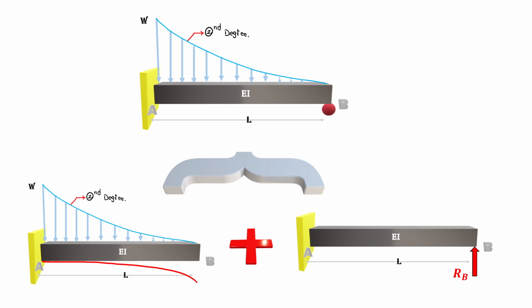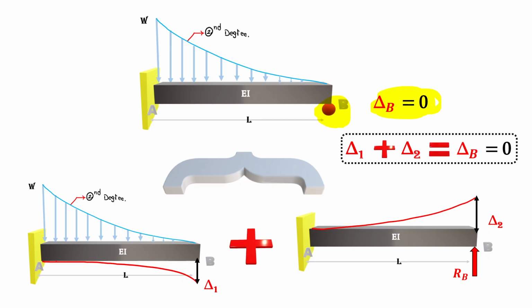So that's RB plus, we can call it delta 1 for the first beam plus delta 2 for the second beam, and we know that delta at B is equal to 0 because in the original beam we have a support at B, so there is no up and down movement there.